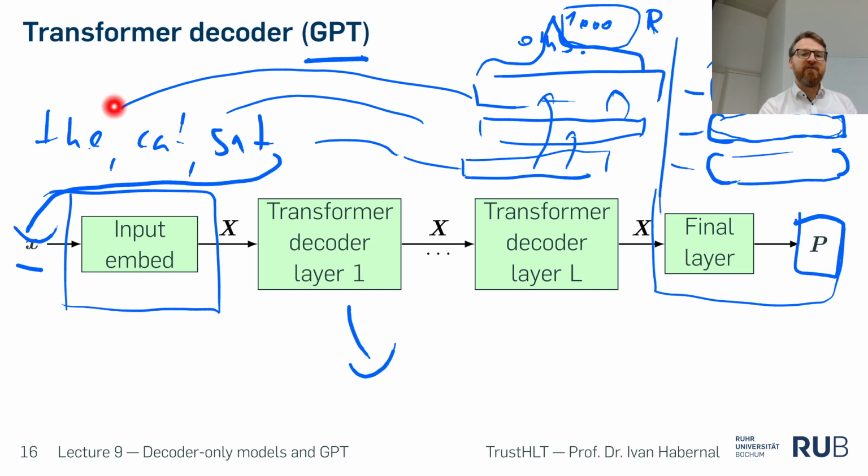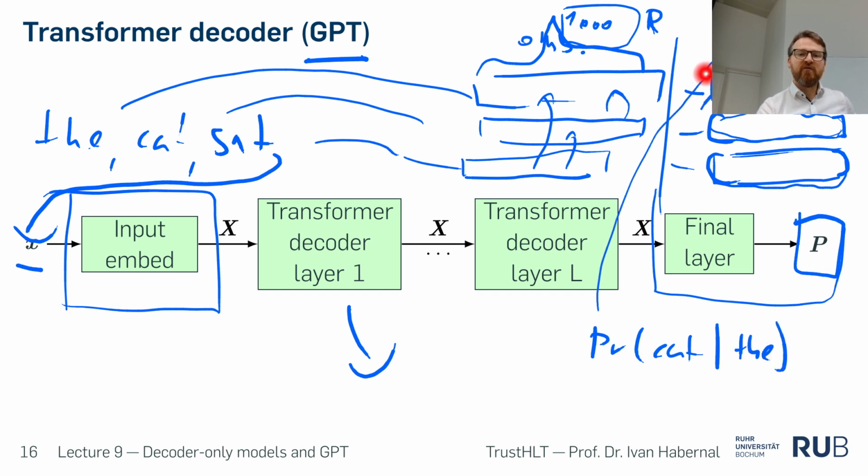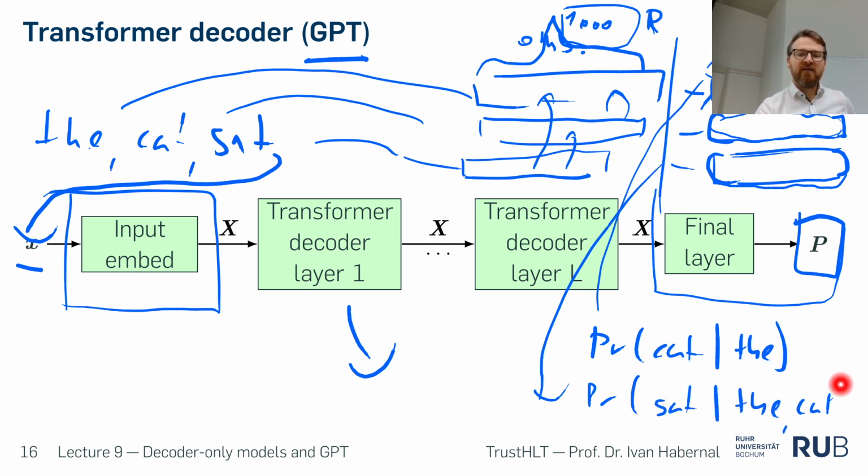So this is basically the probability of cat given this. Here you're trying to predict the probability of sat given the cat, and so on.